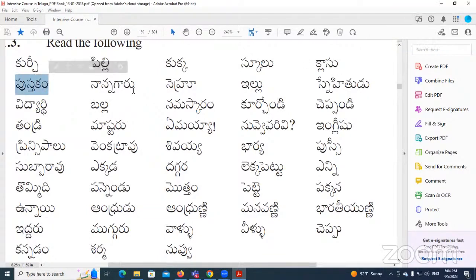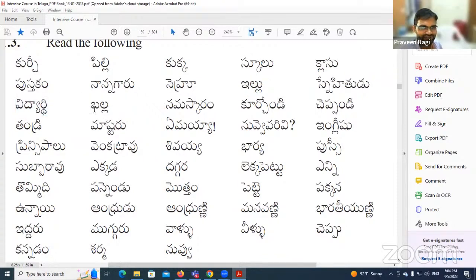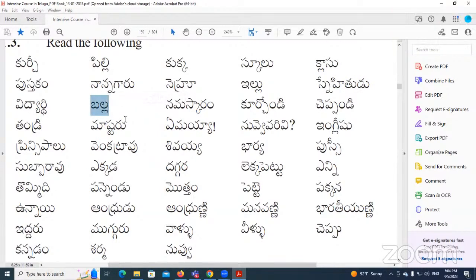Okay, you can continue. Pustakam. Book. Nana Garu. Father. Nehru. Indian politician. Illu. House. Snehituru. Male friend. Vidyarthi. Student. Male student. Balla. Table.